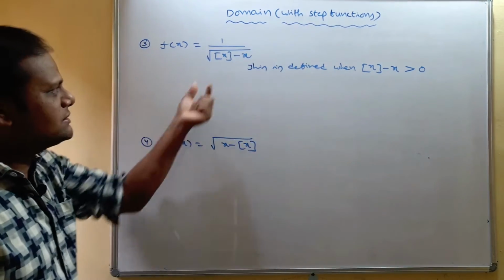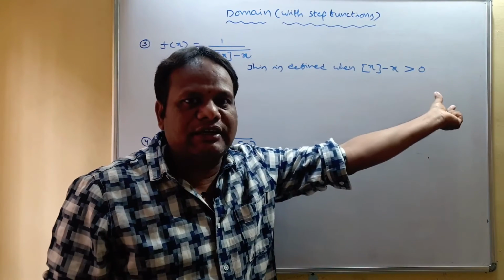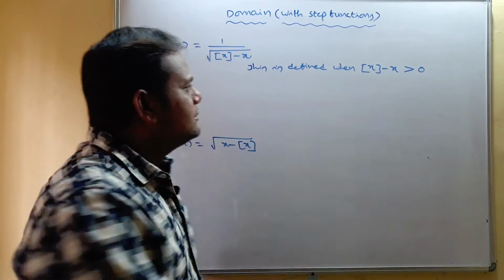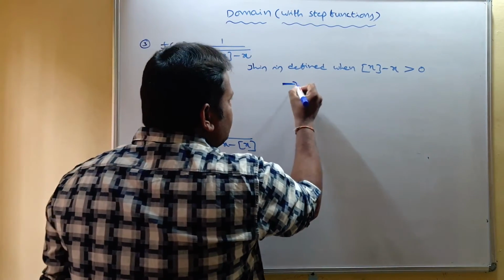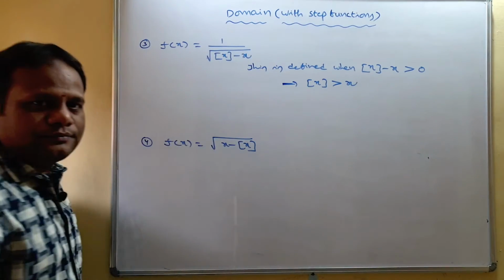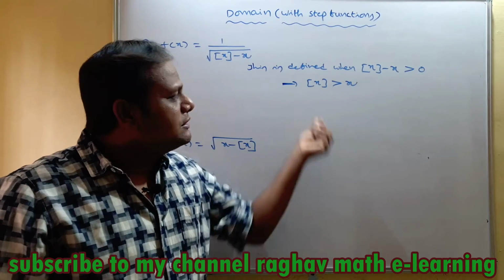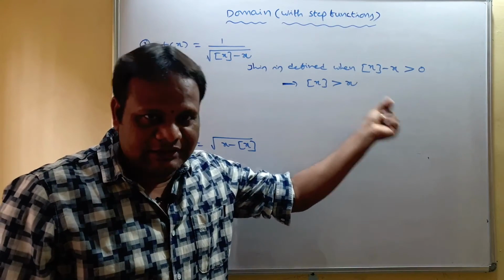Why? Because this is in a square root. So [x] minus x must be greater than 0. From this you can write [x] is greater than x. So for what values of x is [x] more than x?